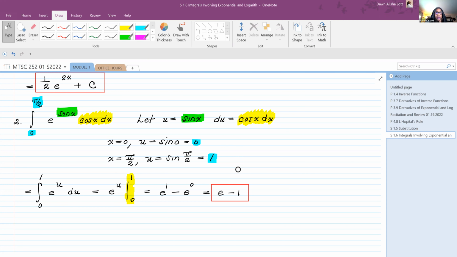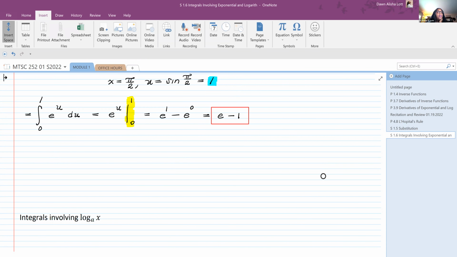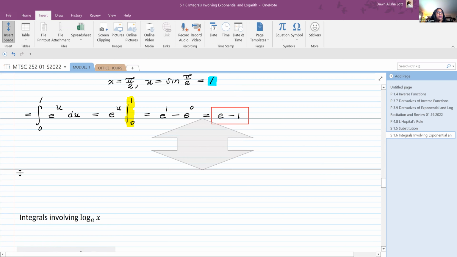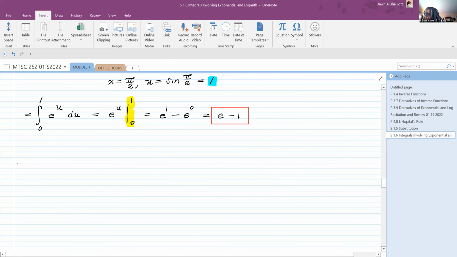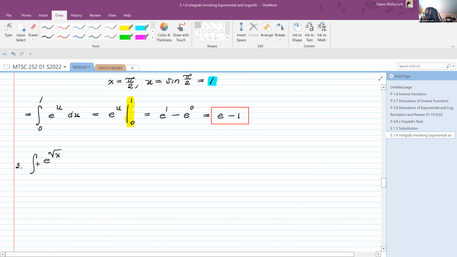Okay, this one's a little tough. It's not too tough. In the numerator, I have e to the square root of x. And in the denominator, I have the square root of x dx.